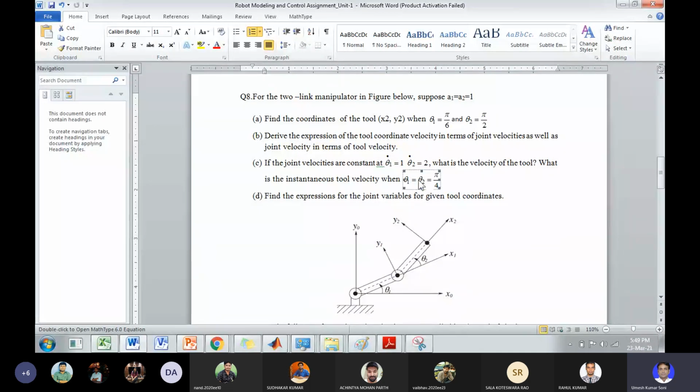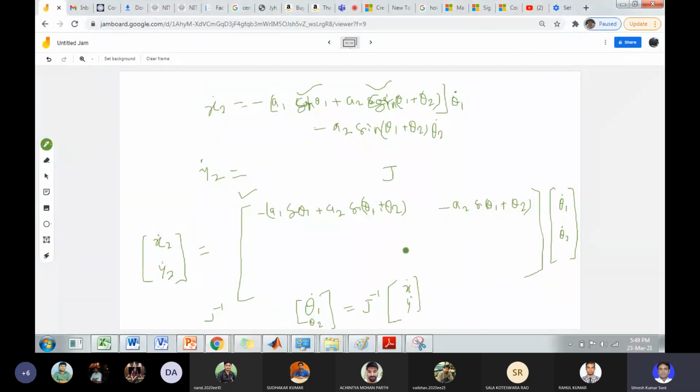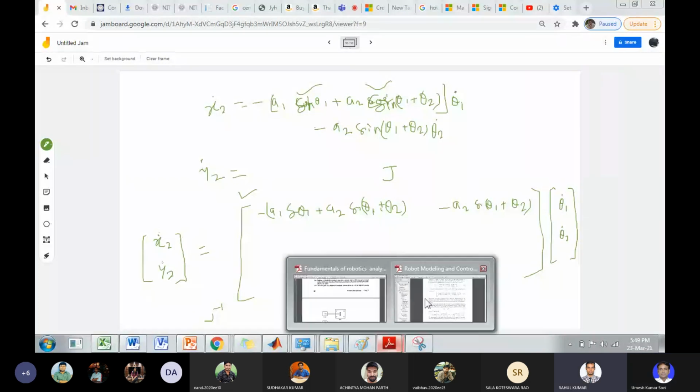As soon as you put the values of theta 1, theta 2 equal to pi by 4, you will get the numerical value of tool velocity. Okay, ये समझ में आ गया है? Yes sir. हाँ सर, yes sir.